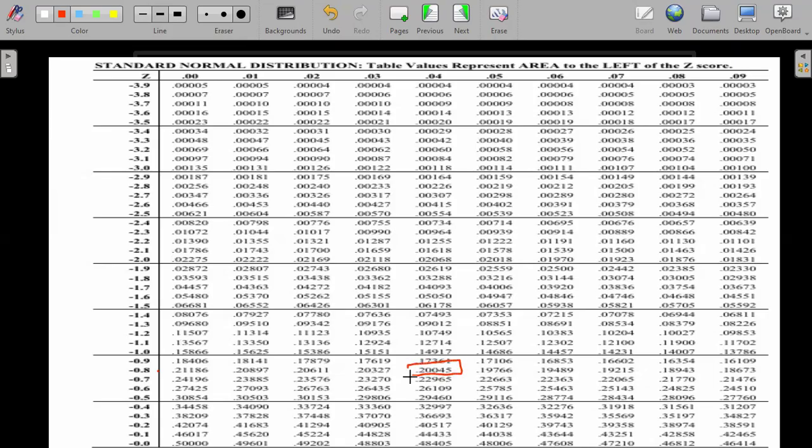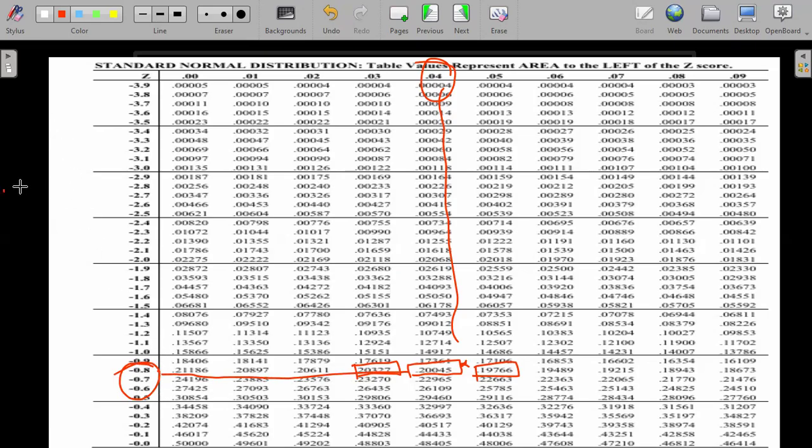This one here is the number that is closest to 0.2 of all the numbers here, because this one is above 0.2 by 45 units, this one is below 0.2 by a lot of units, and this one is above 0.2 by 327 units. So this one is the closest. I go up, I get 0.04, and then I go to the far left, I get minus 0.8.